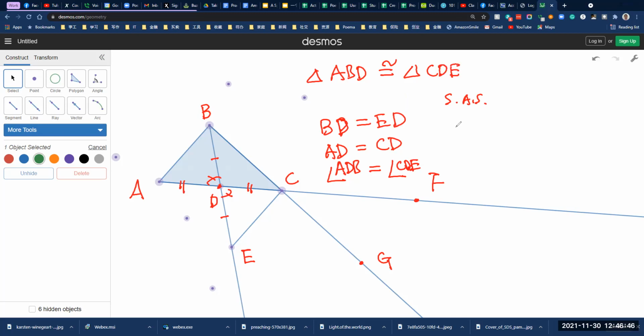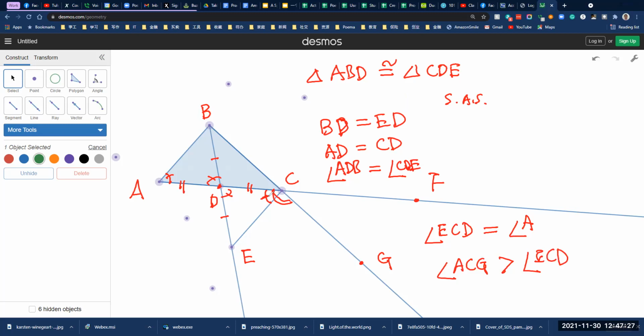So now, if that's the case, we know this angle has to be congruent to that angle, right? And so we know angle ECD is congruent to angle A. But we also know this angle, ACG, is bigger than ECD, right?